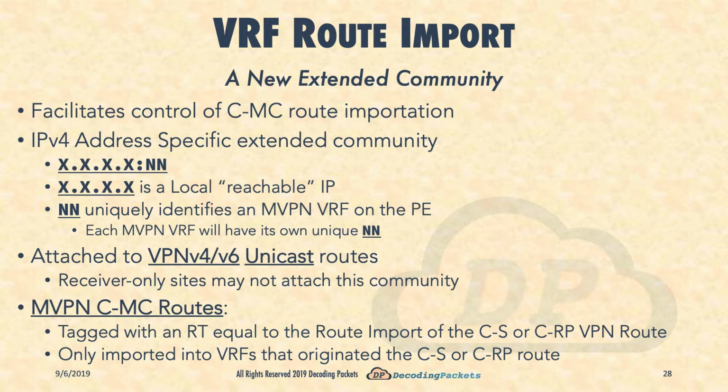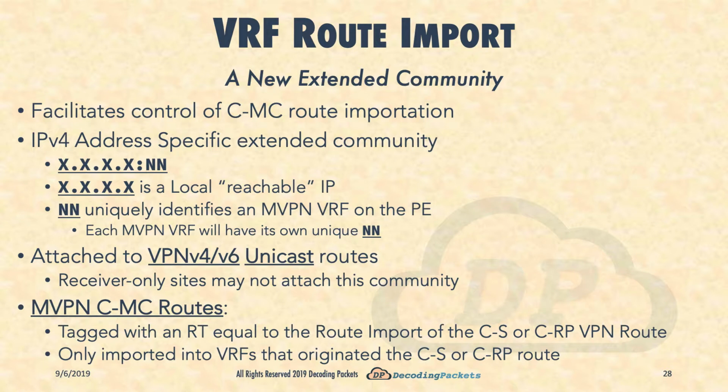The second part of the community, the local specific part or the NN, essentially identifies an MVPN VRF on the originating PE that generated the community. This is almost never user configured. So that NN, almost never user configured, is chosen by the router implementation pretty dynamically. So for example, the router may choose 100 for VRFA, 101 for VRFB, and so on.